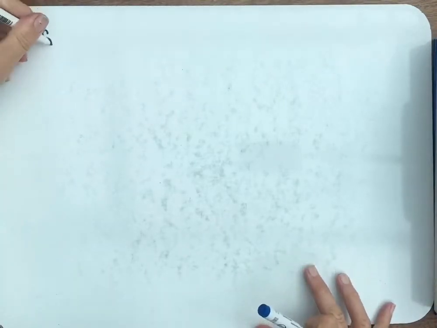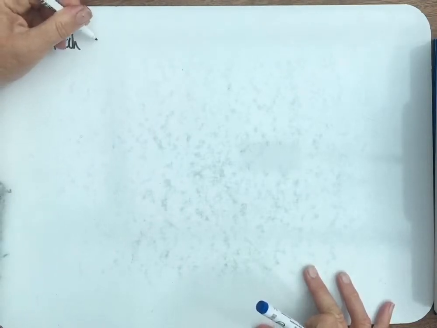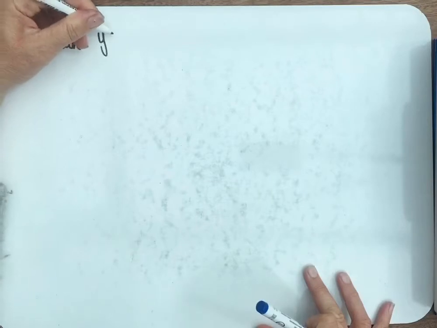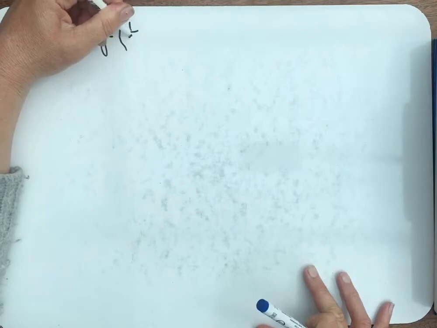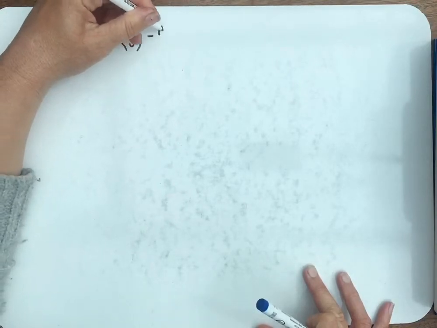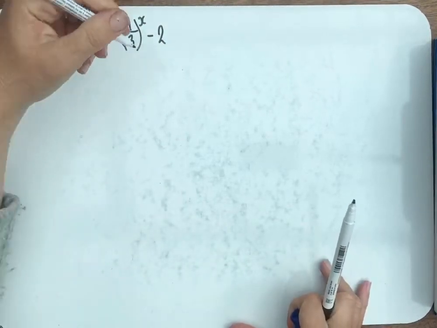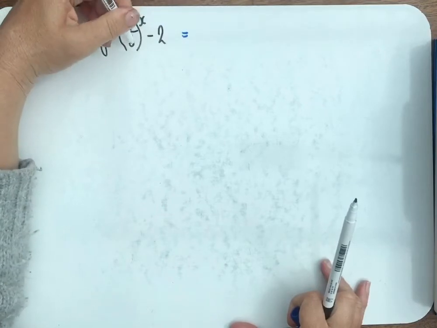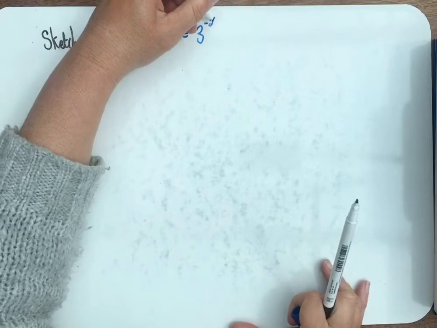And then we can do sketch y equals 1/3 to the power of x minus 2. I did go over this on my previous video. That's exactly the same if you split that power as having 3 to the power of minus x minus 2.